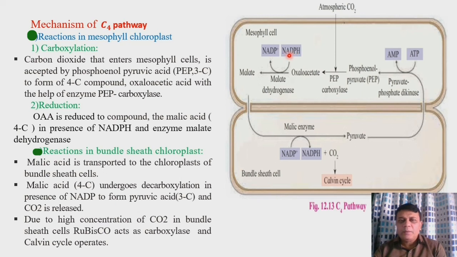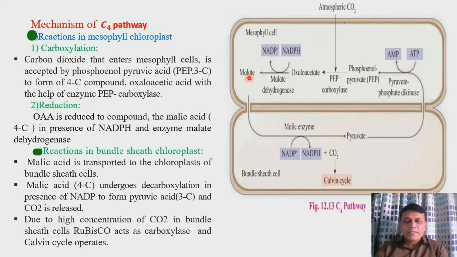That means NADPH is converted into NADP, and the released hydrogen is accepted by oxaloacetic acid in presence of malate dehydrogenase to form an acid called as malic acid.